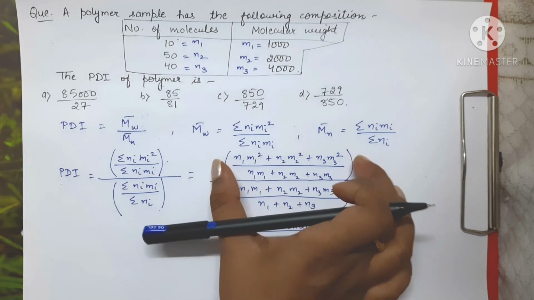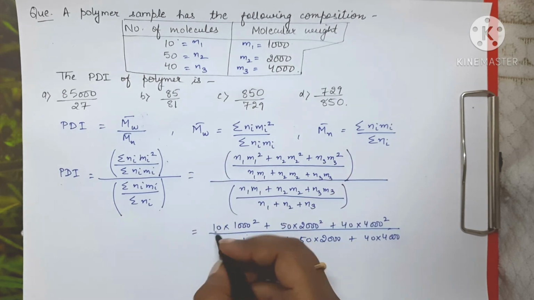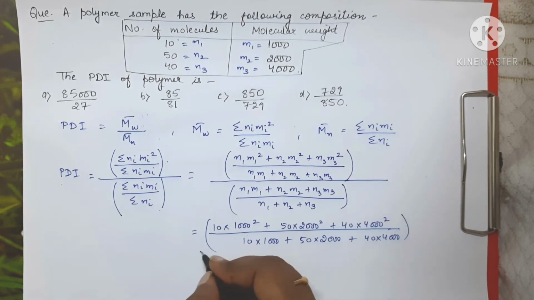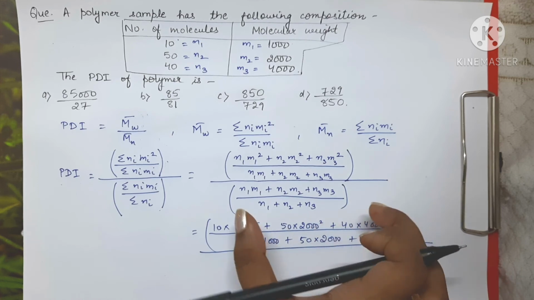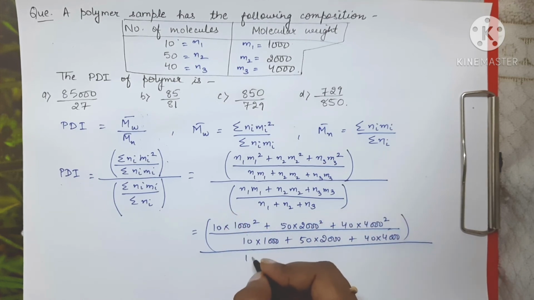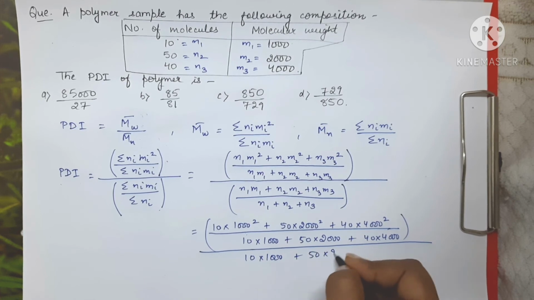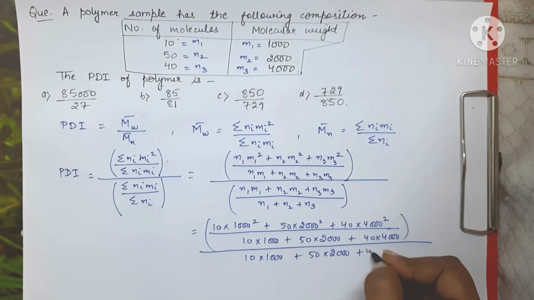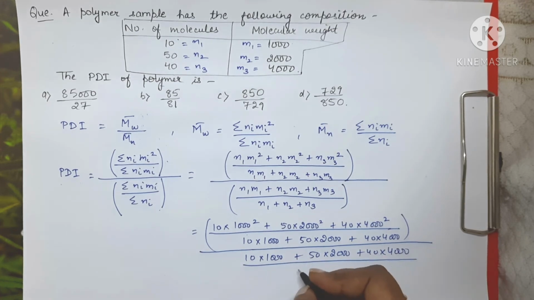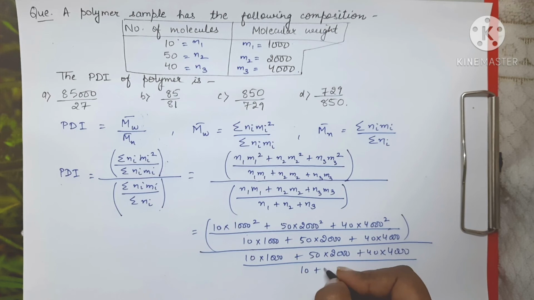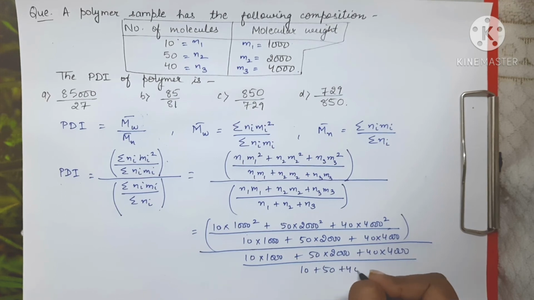This was for the numerator, that is Mw. This is for Mw divided by Mn, that will be 10 into 1000 plus 50 into 2000 plus 40 into 4000 divided by 10 plus 50 plus 40.